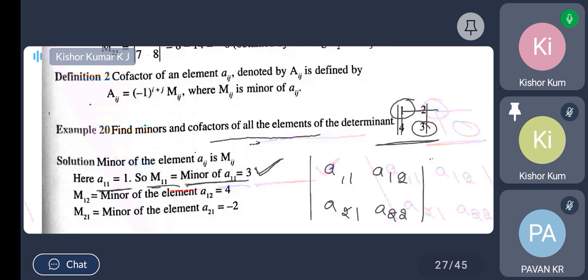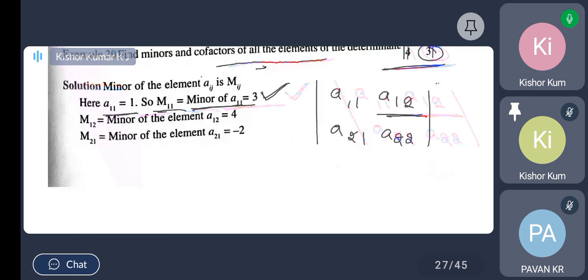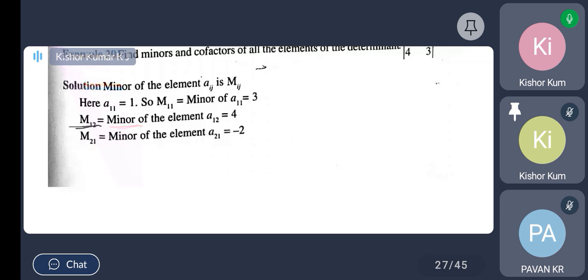And we can move to the second element. We have to calculate the minor of A12, which we represent in the form of M12. You can observe M12 is the minor of the element A12. There is no need to write the sentence; this is not mandatory. It is provided only for your convenience. Okay.